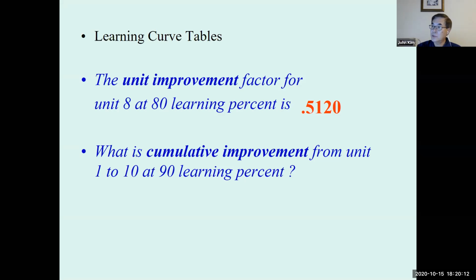The learning curve looks like this: first one, second one, third one, and so on. First one is K, then Y second, Y third, and so on.